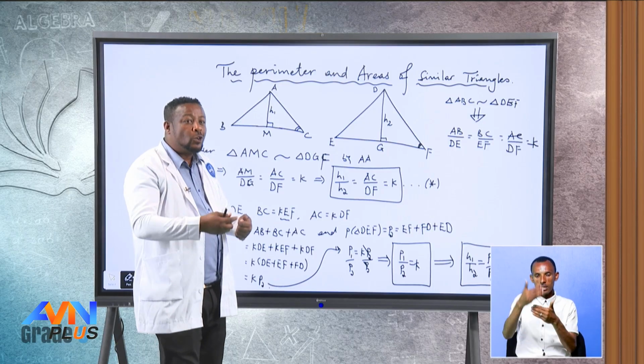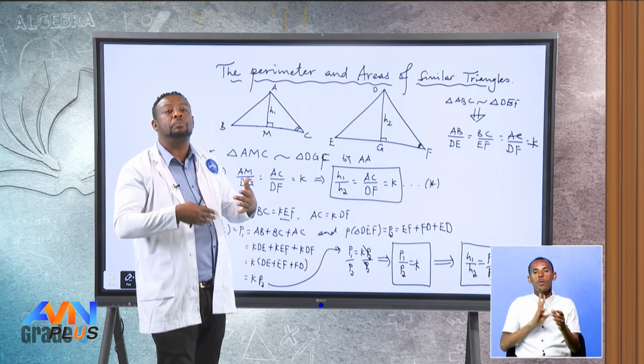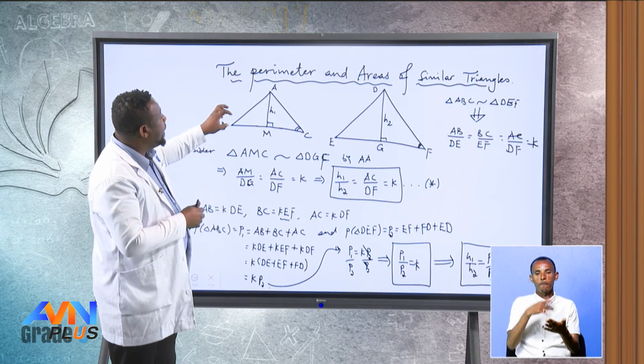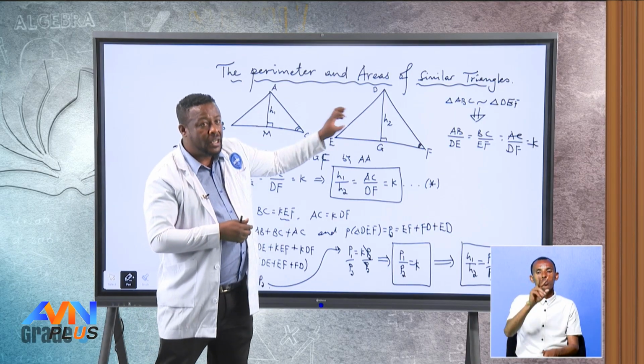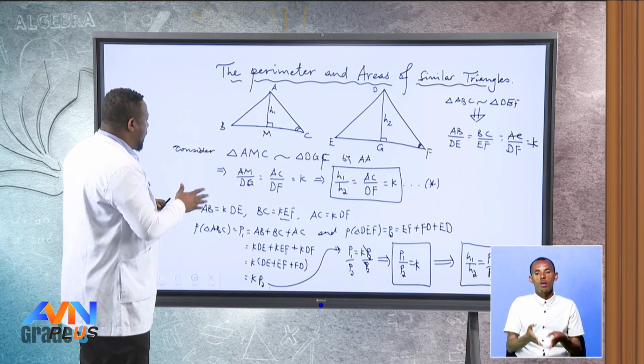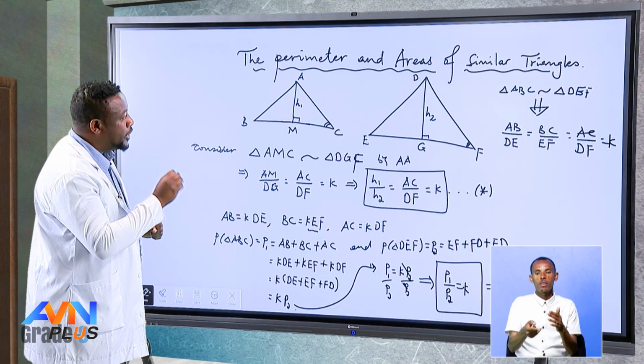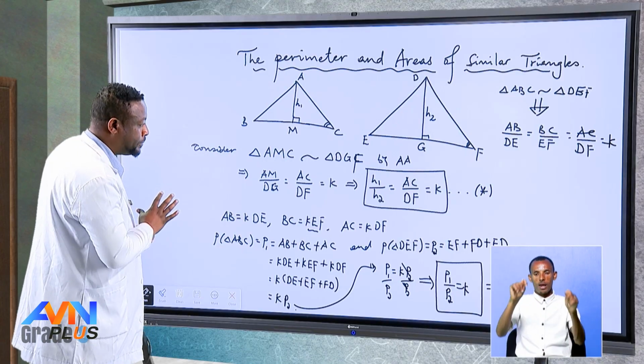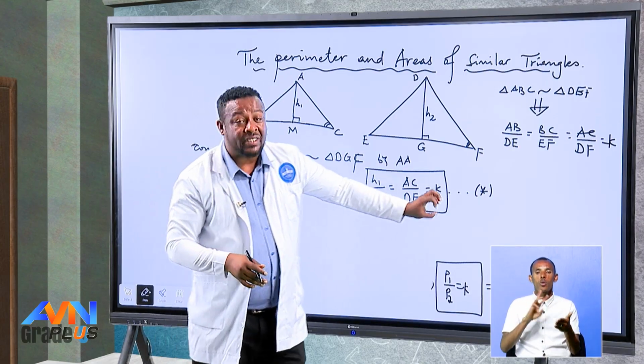Next, I will show you how we can derive a relationship between the areas of these two triangles, right? So now let's see what the ratio of the areas of these two triangles looks like. Here we already have a certain relationship.